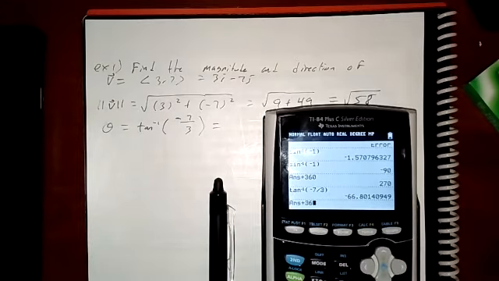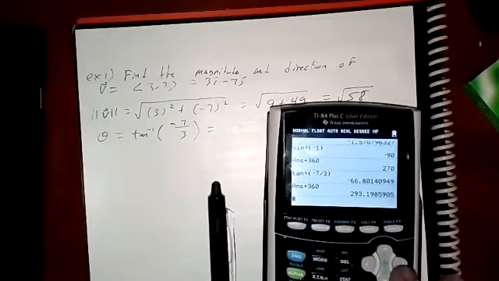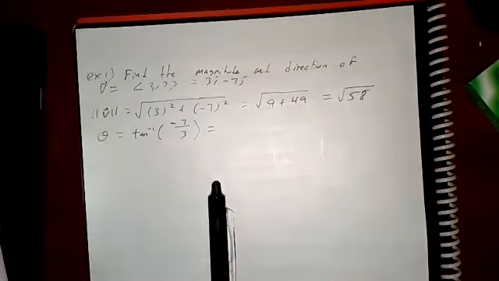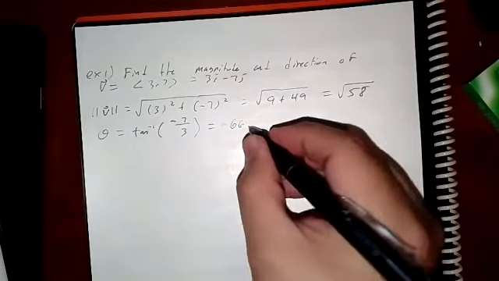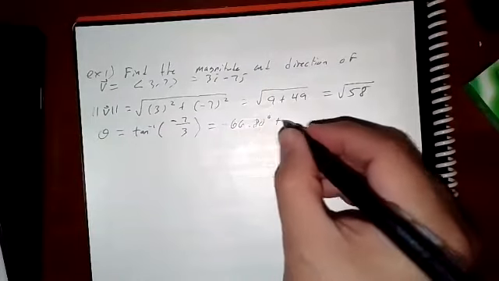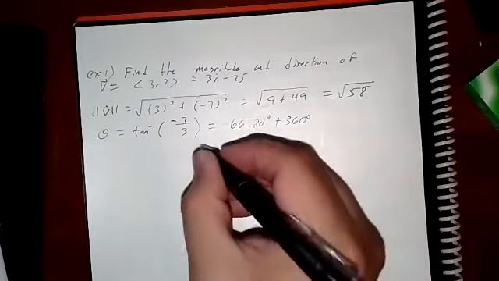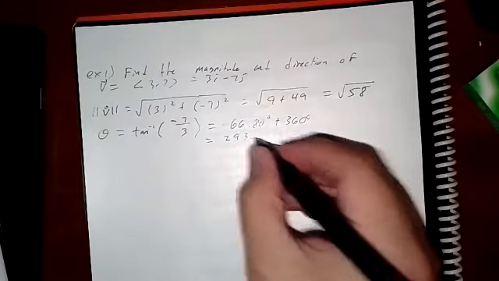If you add 360, you get the positive angle, which is 293 point, sorry, 0.2. So add 360 in order to get the positive angle.